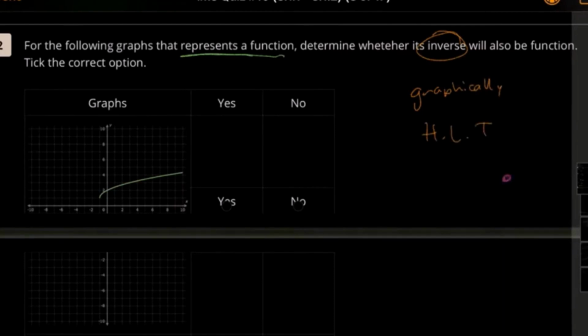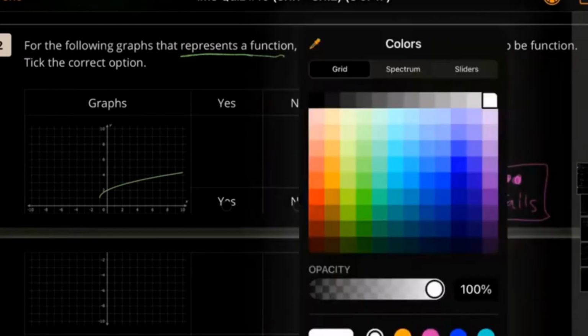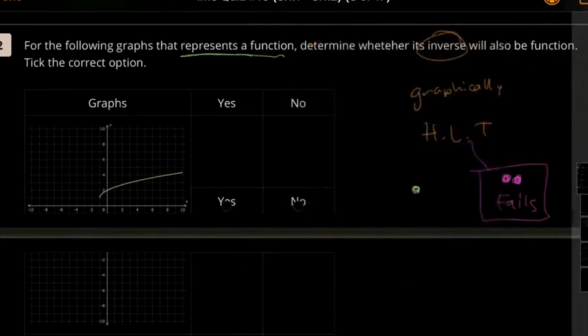If you have more than one dot, then it fails. And if you have just one dot, then it passes, and then you can take basically the inverse. That's what it does, okay?